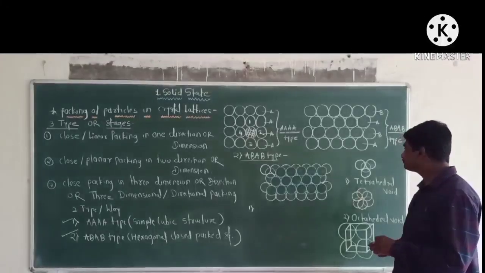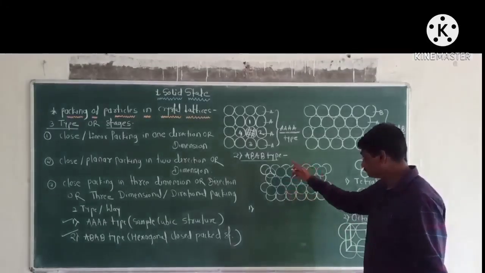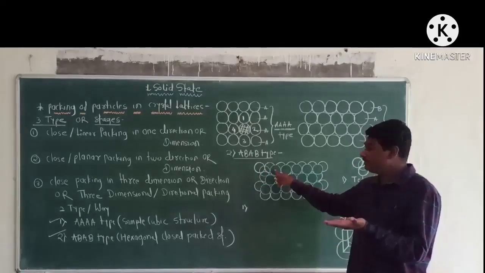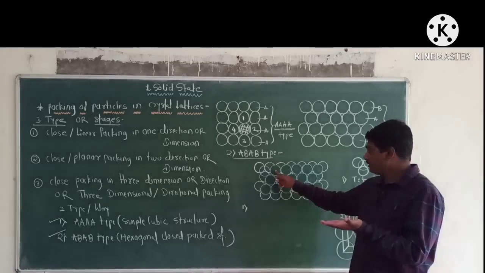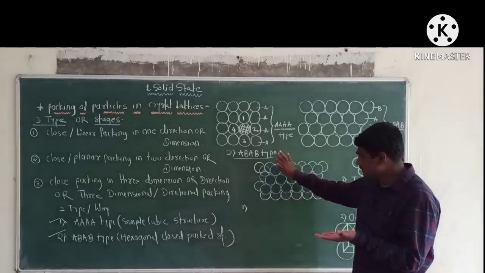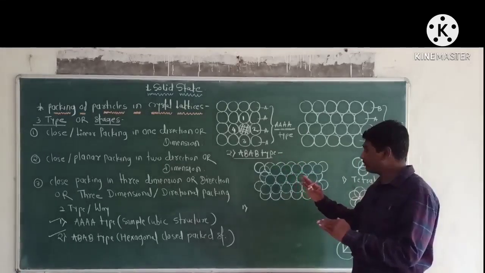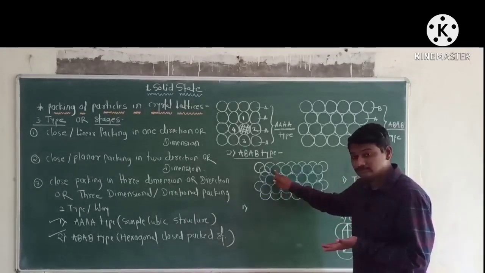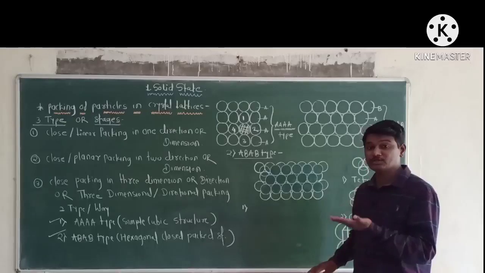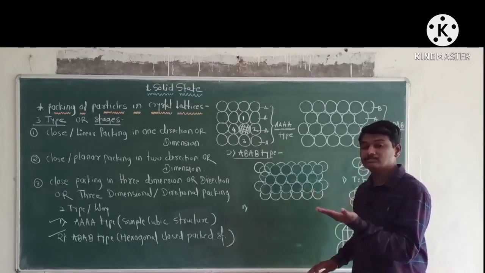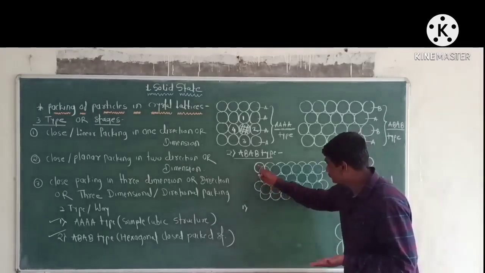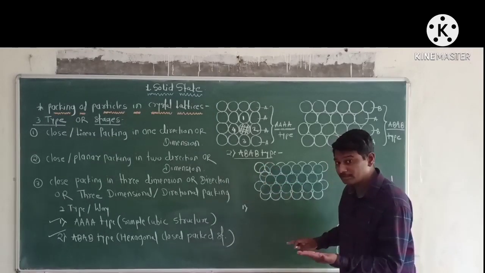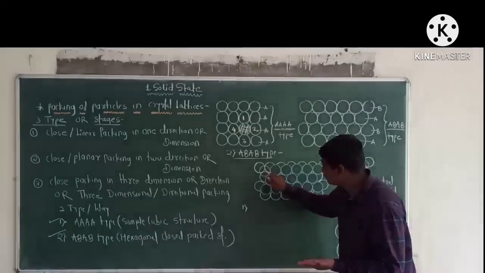For example, in this diagram, this is the lower layer of constituent particles and this is the above layer of constituent particles. Now the above layer is placed on the lower layer in such a way that the constituent particles of the above layer are fitted into the depressions of the lower layer, like this. This is the white constituent particle of the lower layer and this is the depression.